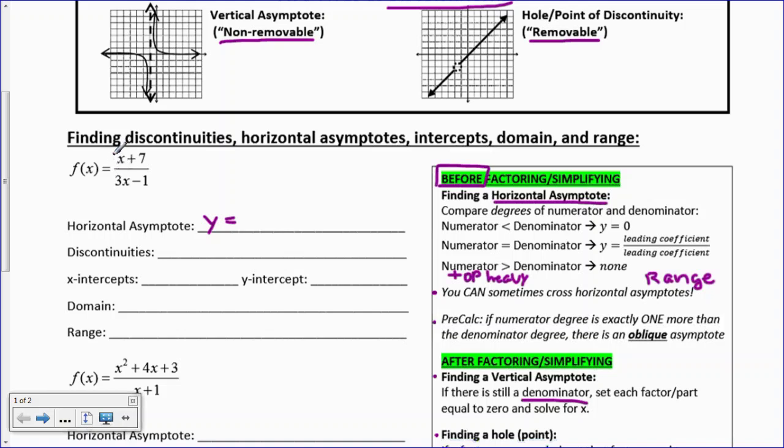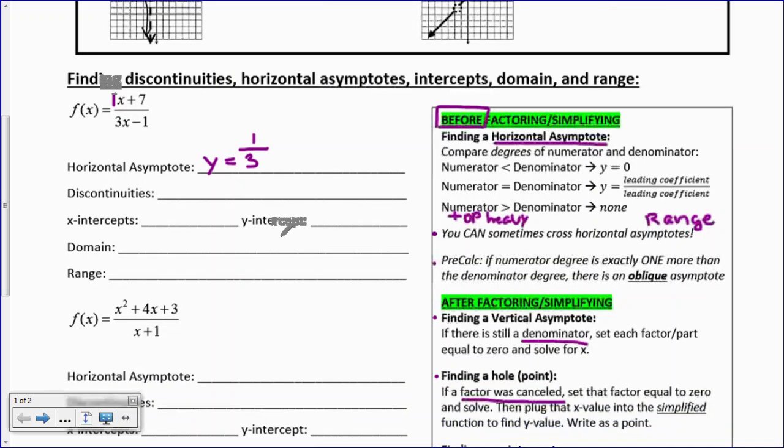Over here there's an invisible 1, okay, so the leading coefficient up here is a 1, and then the leading coefficient in the denominator is a 3. So according to our phase 1, because the degrees, the exponents, were the same, I have to use this rule, and the leading coefficients are 1 and 3, so 1 over 3. So this is your horizontal asymptote. That's all you have to do. All right, that's phase 1.